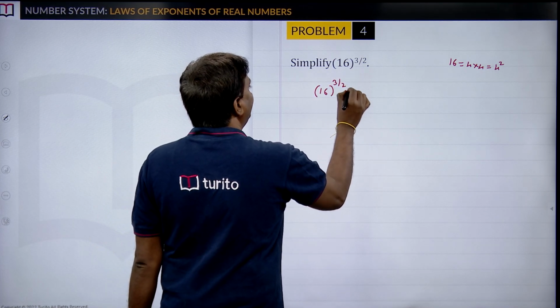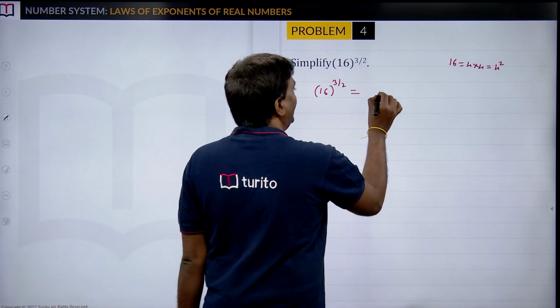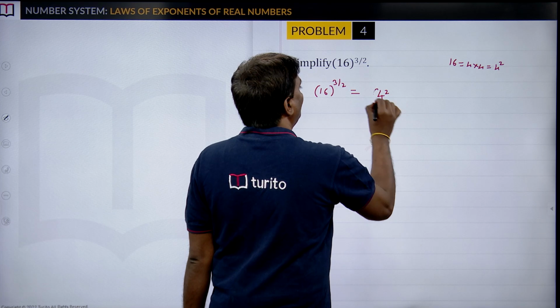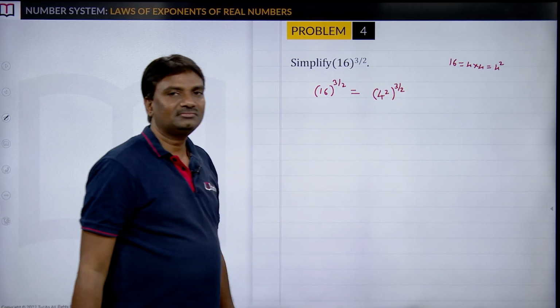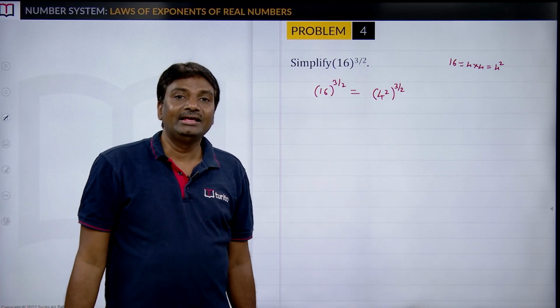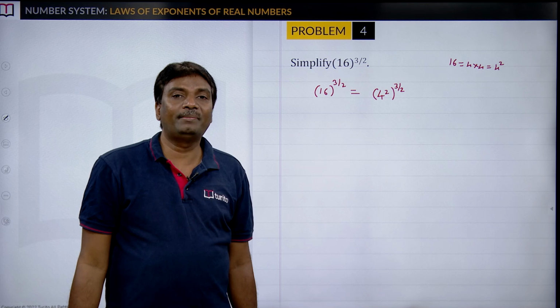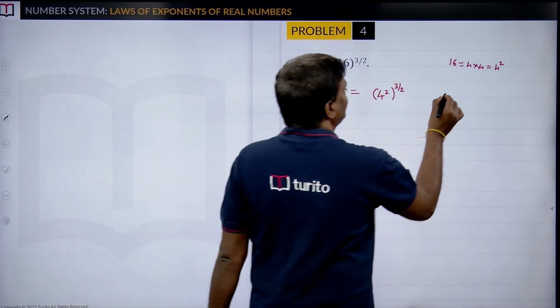So 16 power 3 by 2 equal to, by writing 16 as 4 square, 4 square power 3 by 2. We have learnt one formula, that is a power m whole power n equal to a power mn.